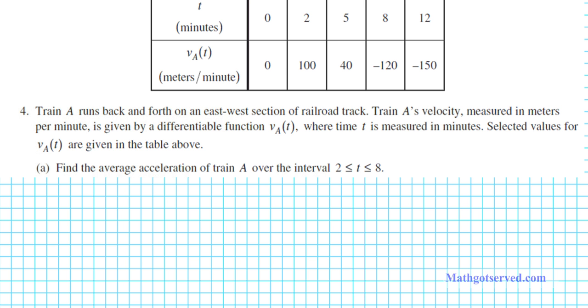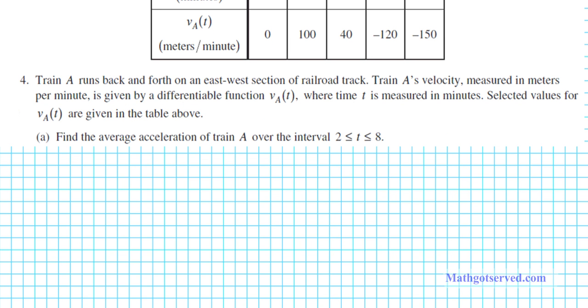So part A, we had to find the average acceleration of train A from 2 to 8. One thing I like to do real quick is a review of two formulas that are often confused with each other, which are the average rate of change formula and the average value.